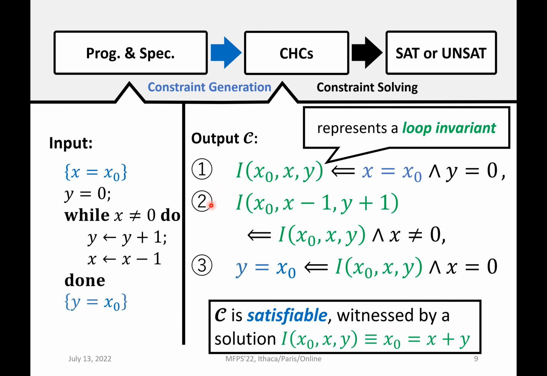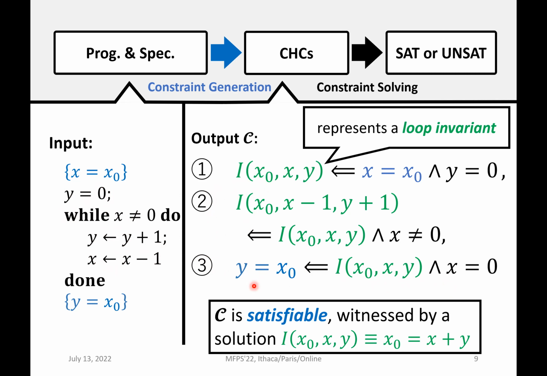And the second clause says that the loop invariant is preserved by executing the body of the loop. And the third clause requires that the loop invariant and the negation of the termination condition imply the postcondition.